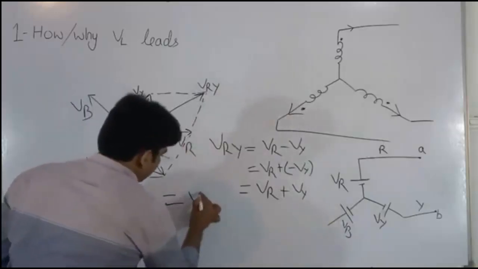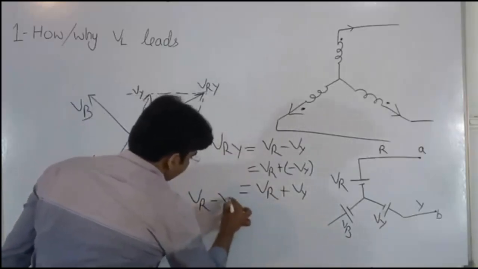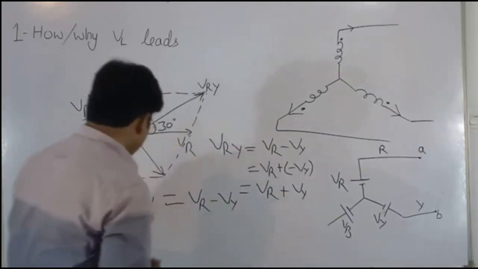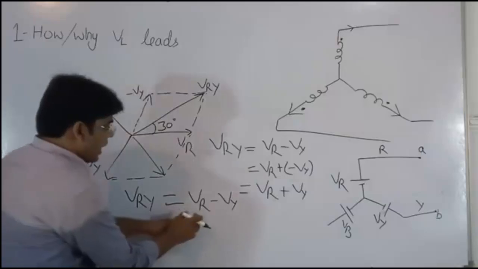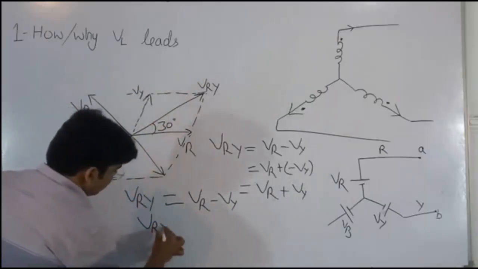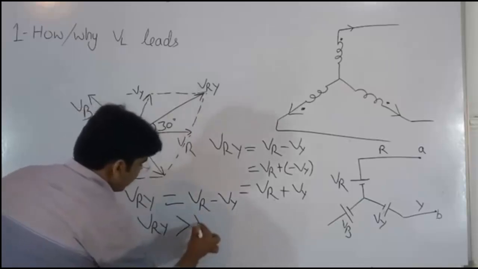So VRY equal to VR minus VY. Now one can have a doubt that if VRY equal to VR minus VY, then how is VRY greater than VR?